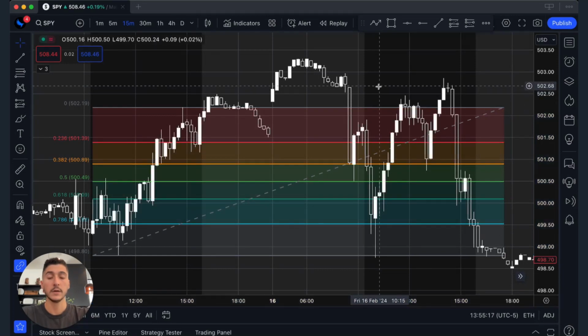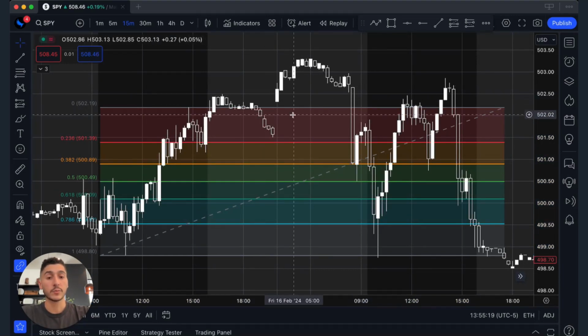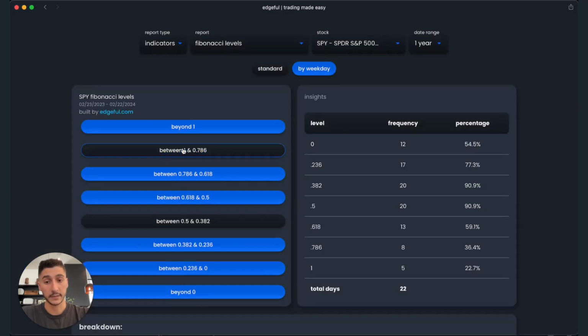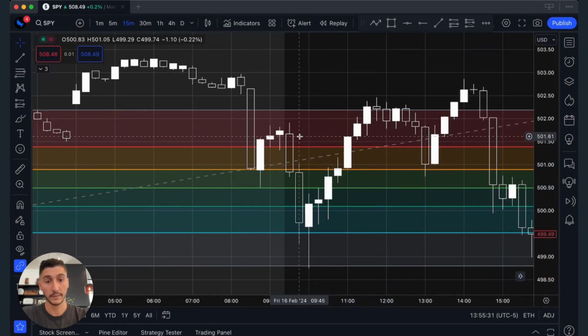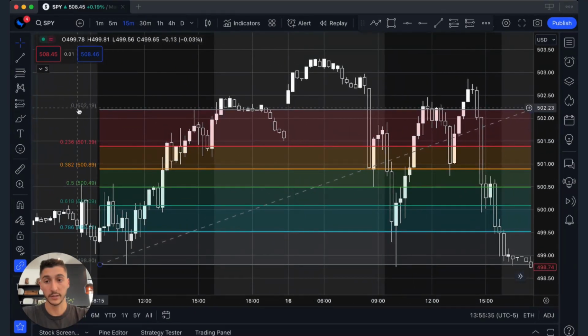Right here. So what this report is showing is you want to select where price opens relative to these levels. So you can see the 15-minute market open is right here. That is between the 0 and the 0.23 or the 23%.